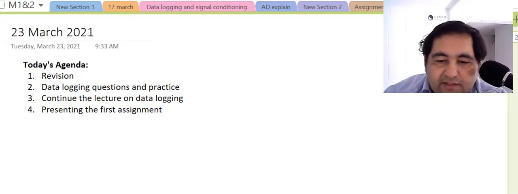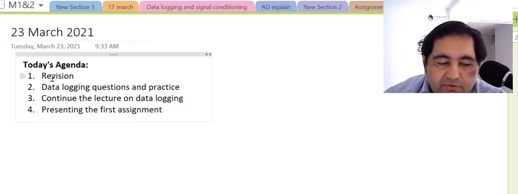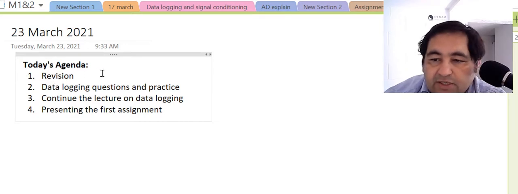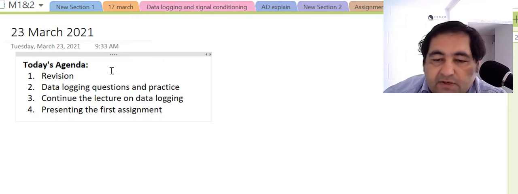Anyway, today's agenda is, first of all, a revision of data logging. As you know, today is Tuesday, and on Tuesdays we look at data logging and signal conditioning. Data acquisition and signal conditioning is the main topic of the day.